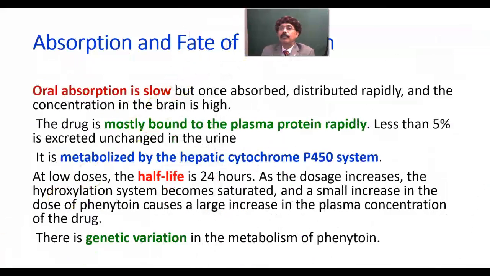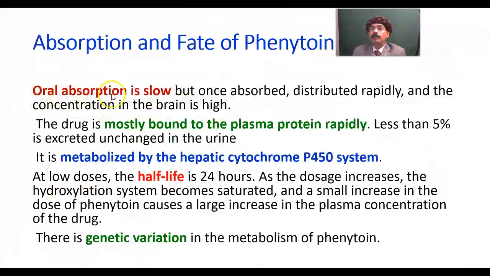Absorption and fate of phenytoin. Oral absorption is slow, but once absorbed, it is distributed rapidly, and the concentration in the brain becomes high. The drug is mostly bound to plasma protein, more than 90%. Less than 5% is excreted unchanged in the urine.